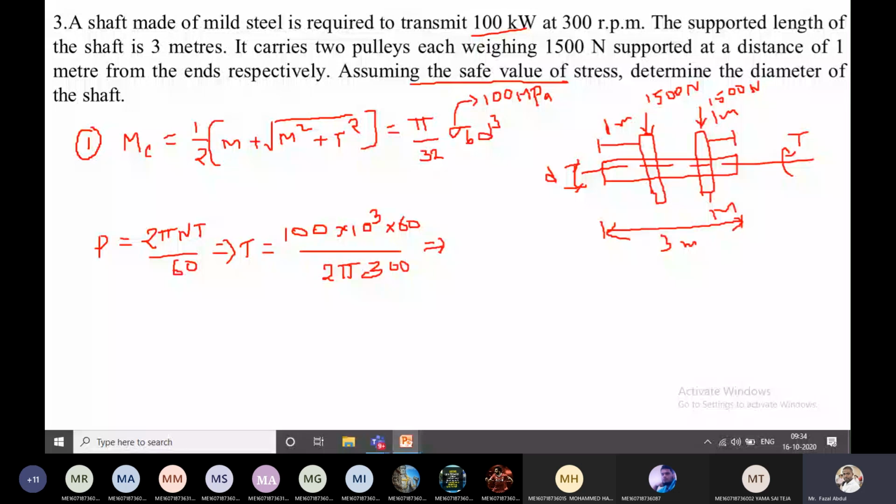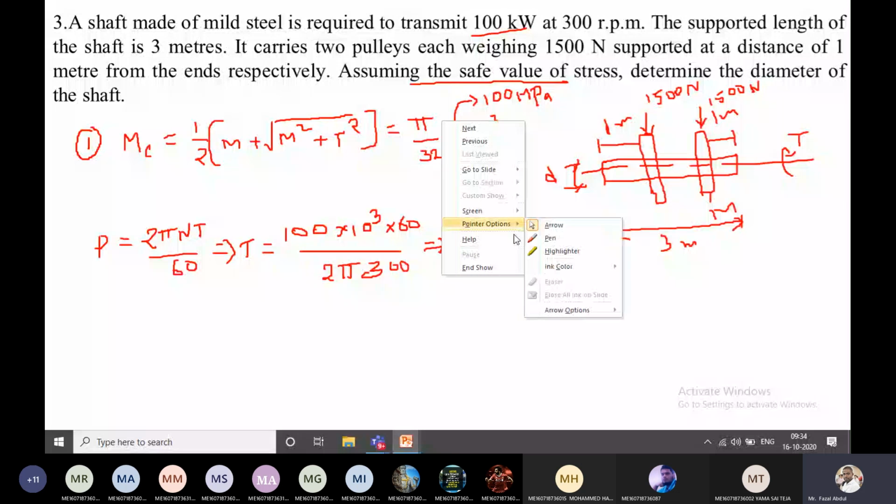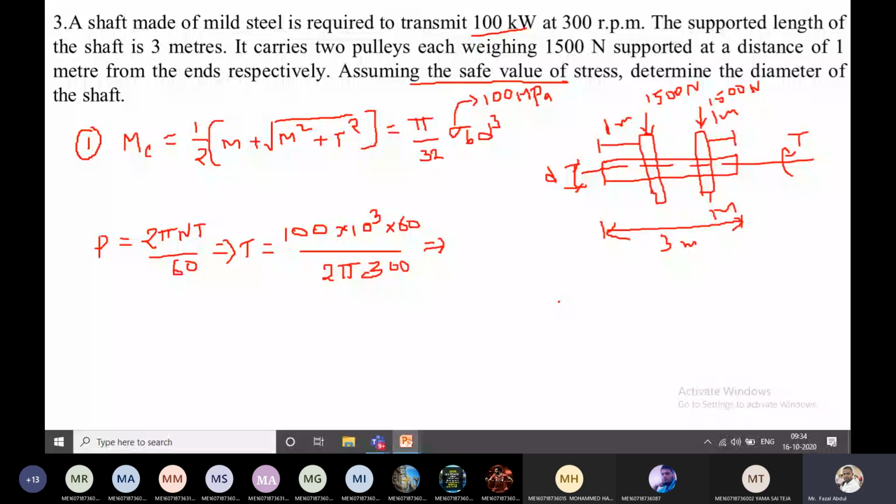Okay. Now this is the previous class problem. Because we didn't have time, we stopped here. A shaft made of mild steel is required to transmit 100 kilowatts of power. Power and speed in RPM are given, and the total length of the shaft is 3 meters.